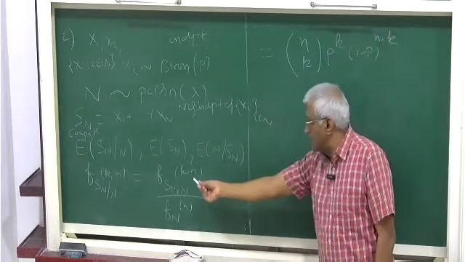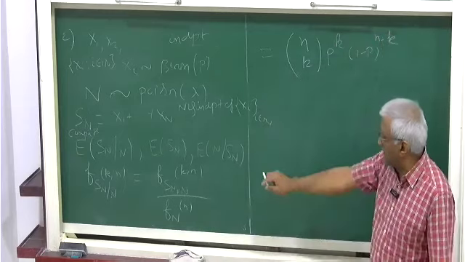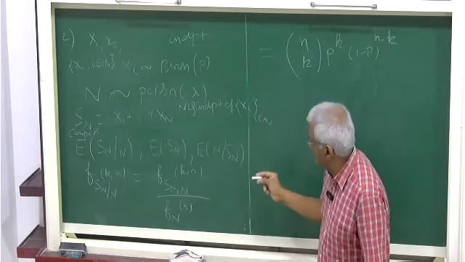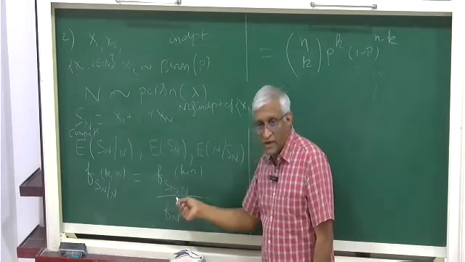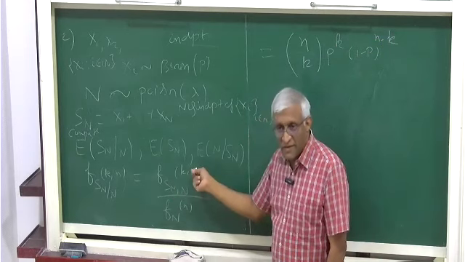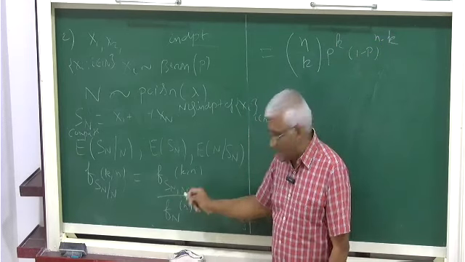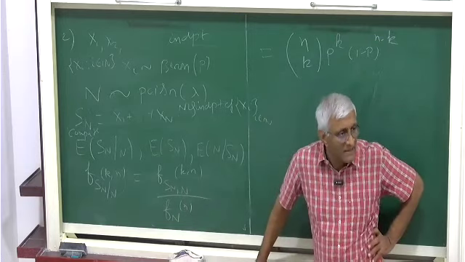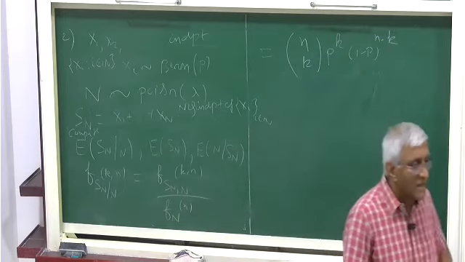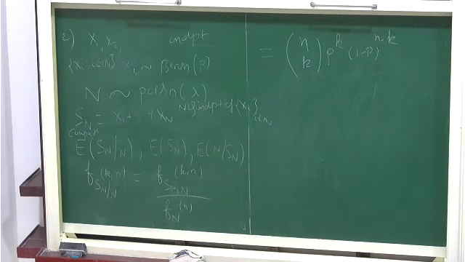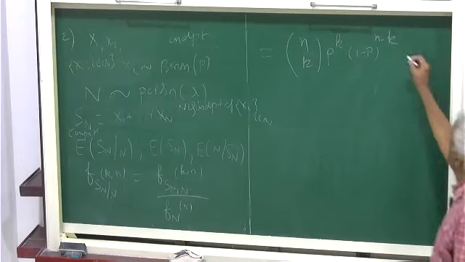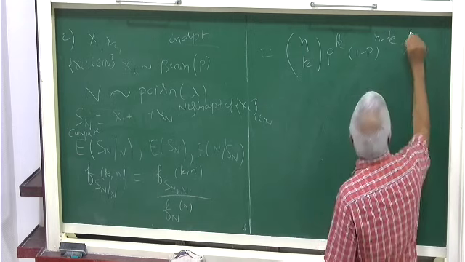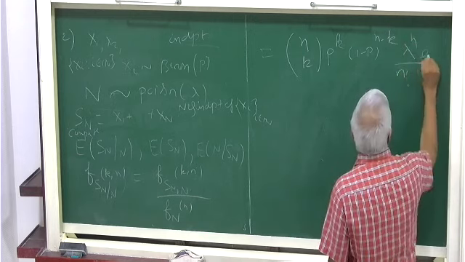That is for the Sn; you have to multiply with the probability for n also. So then it is just lambda to the power n by n factorial, e to the power minus lambda.